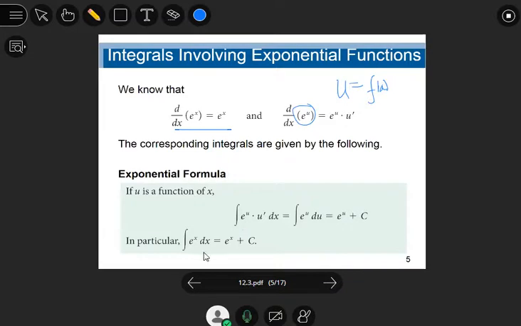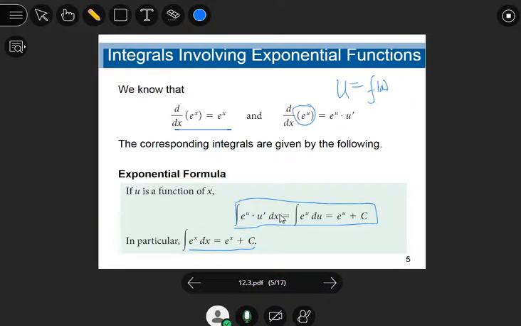So directly, this is the simplest one. Integral of e to the power x dx is equal to e to the power x plus c. So if you see such an integral anywhere, then at first glance you can write it as e to the power x plus c. And this is a little bit more complicated one. Here you can see the integral of e to the power u times the derivative of u dx.